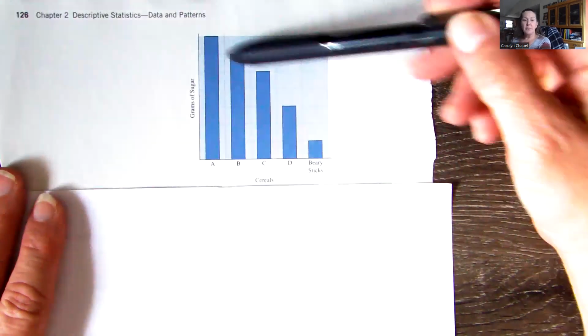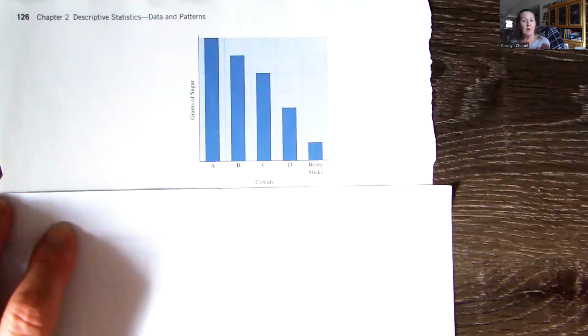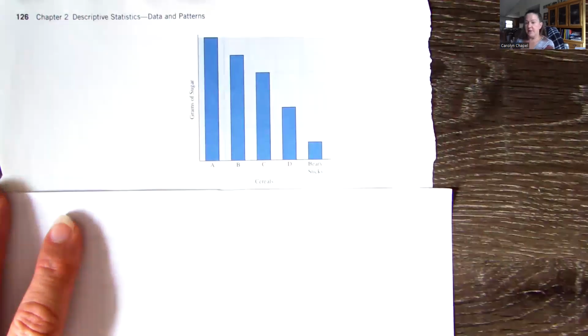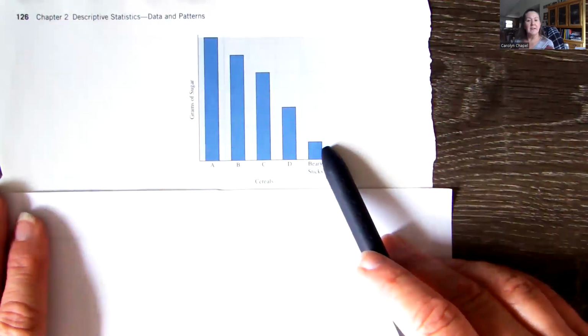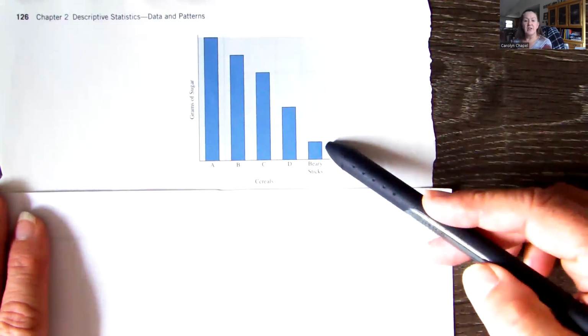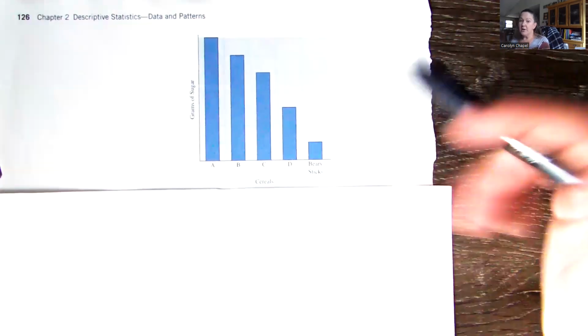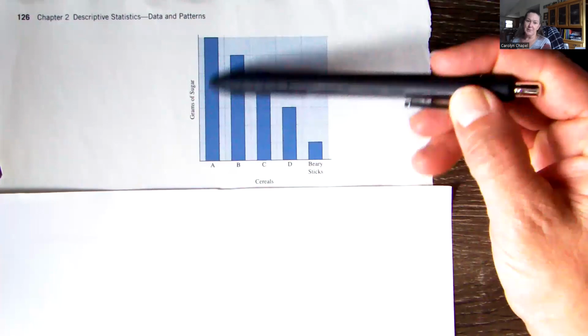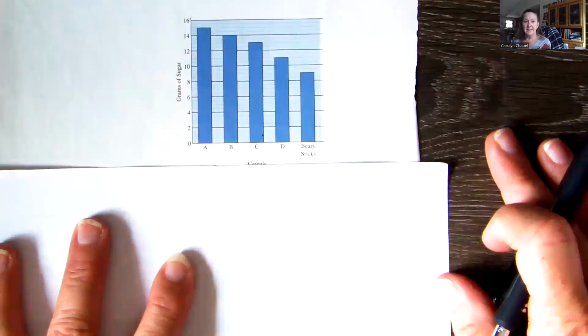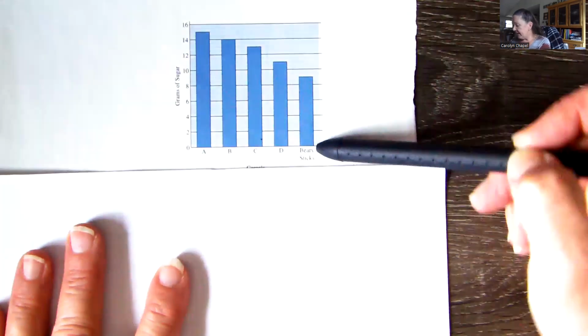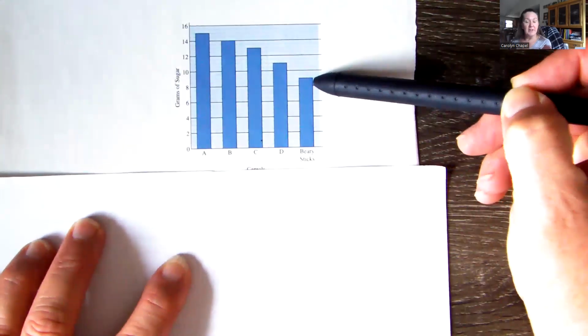All right, here is one that shows the grams of sugar in a cereal. If I were a concerned mother, I'd think, oh, this guy looks like he has the lowest sugar. Based on how high his bar is, it doesn't look like he has very much sugar at all. But you'll notice there is no scale here. Whereas if we had put the scale in and started at 0, Berry Sticks does have 9 grams of sugar per serving.